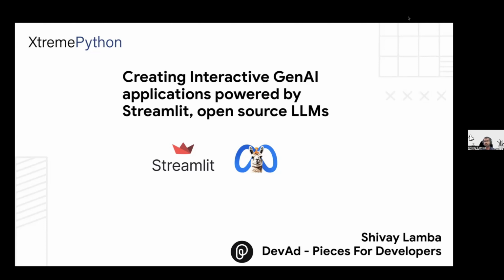I'll speak more about that in a bit, and how we can leverage some of the open source SDKs powered by Pieces to essentially create a wrapper around leveraging these large language models and get capabilities like retrieval augmented generation as well.